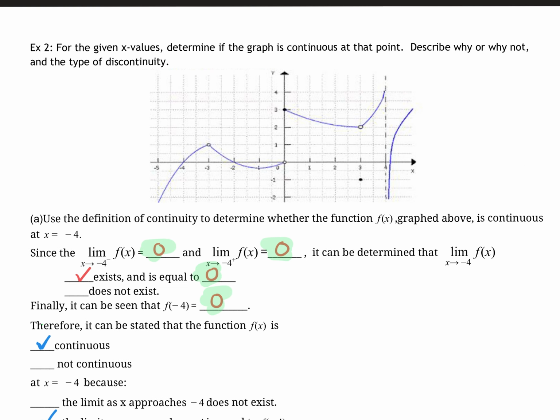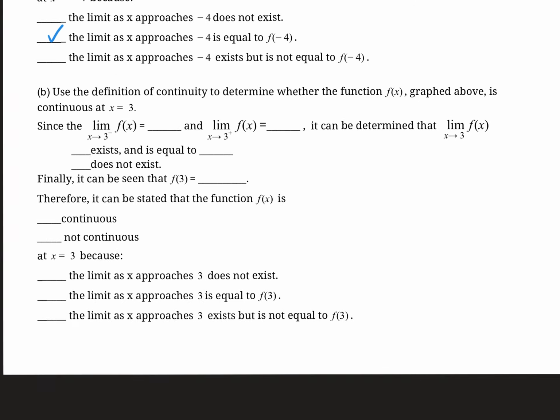So looking at my graph, as I approach, 3 is right here. As I approach 3, I would be able to say it kind of looks like I'm going to get an output of 2. That's approaching 3 from the left. As I approach 3 from the right, oh, look at that. It also, if I were to make an educated guess, looks like I'm going to get y equals 2 as well. So let's go down here and fill that in.